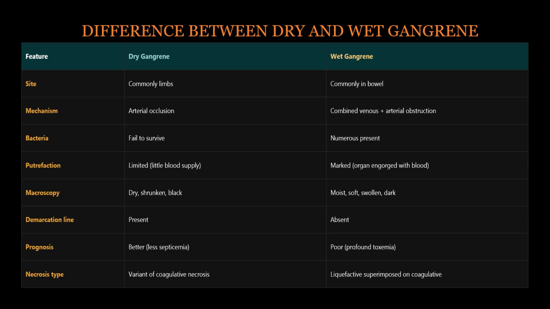Prognosis is better in dry gangrene and poor in wet gangrene. Dry gangrene is a variant of coagulative necrosis, and wet gangrene is a variant of liquefactive necrosis. In most of our university exams, we will be asked to state 5 differences between wet gangrene and dry gangrene. So these are the differences between dry gangrene and wet gangrene.